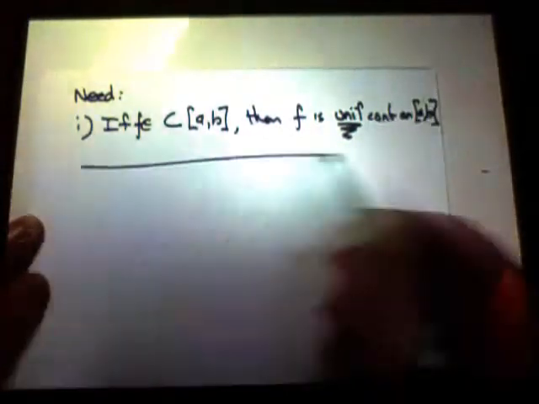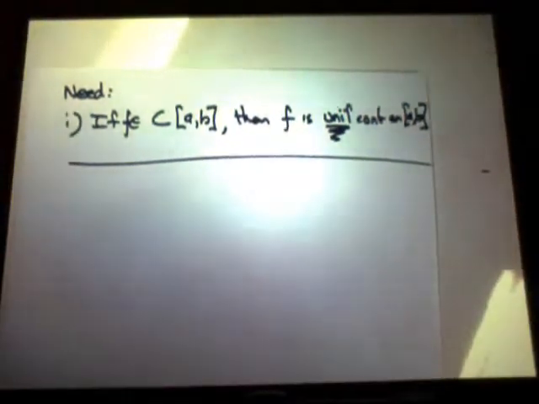All right, let's revisit the definitions of continuity and uniform continuity. What's continuity? A function is continuous at a point x0. These are all real functions.